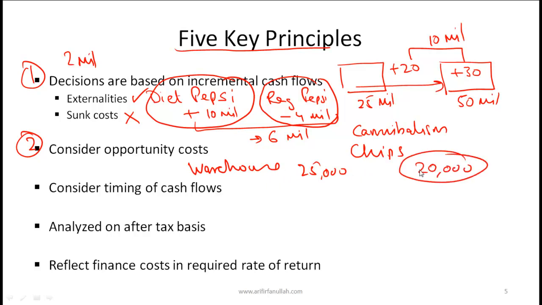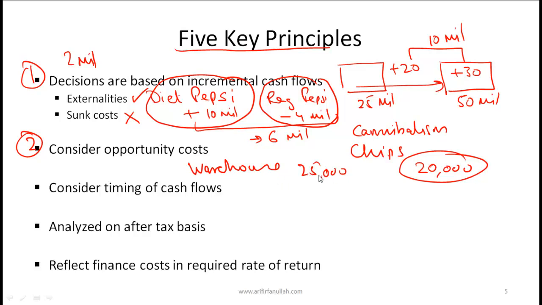Now, if your net positive cash flow is 20,000 despite all the efforts that you put in, then clearly it does not make sense to do this project, because you could have easily received 25,000 as rent without having done any work.